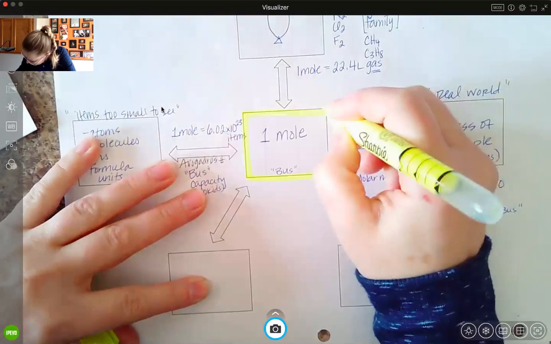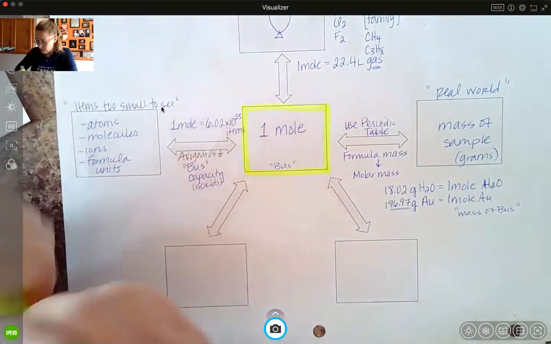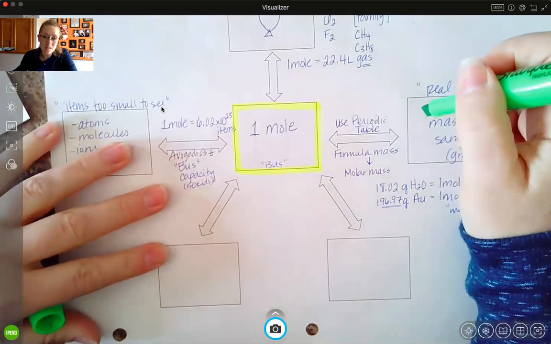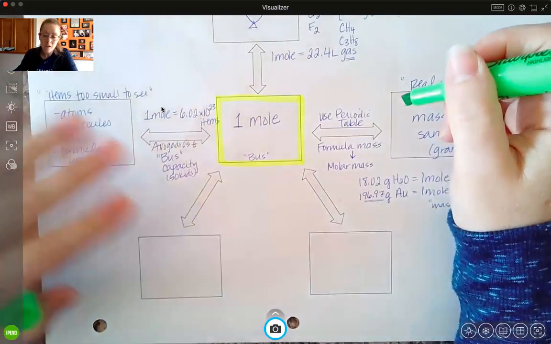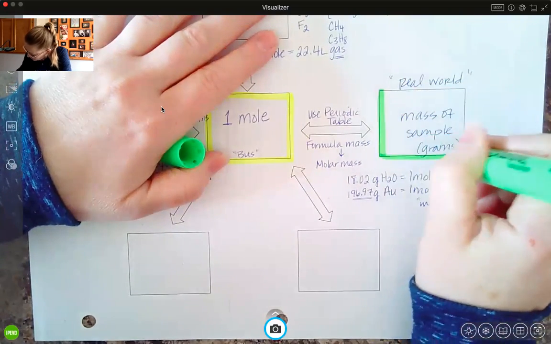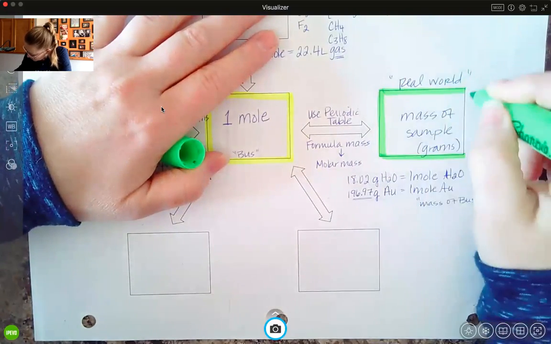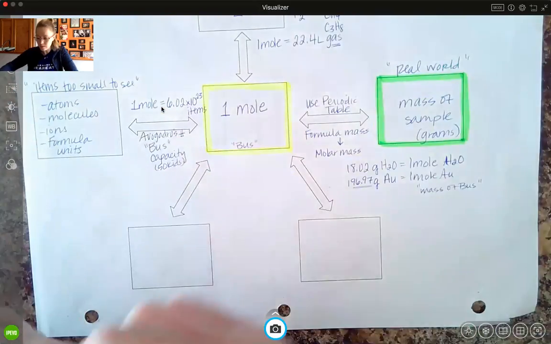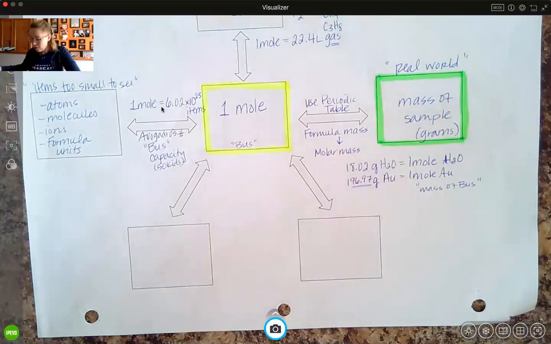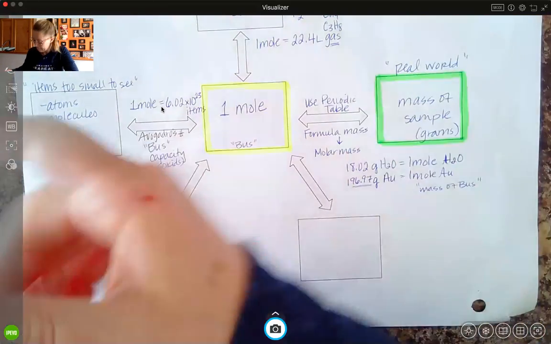On the right is the real world. This is the grams. This is what we're usually given in a problem. We have grams of sample. And remember how we had those extra boxes that we didn't fill out? Well, we're filling one out right now. This is called the mole ratio.